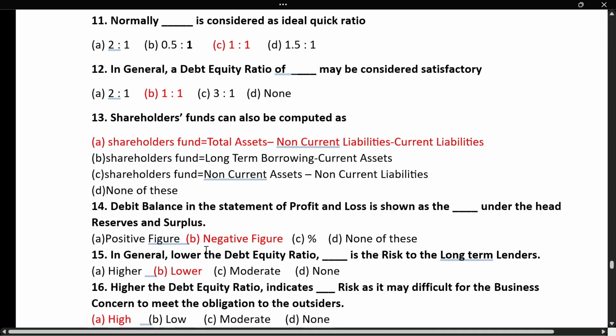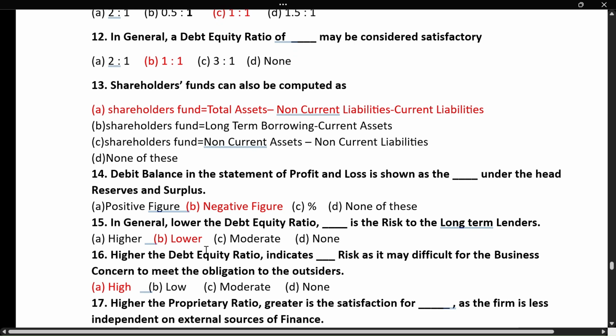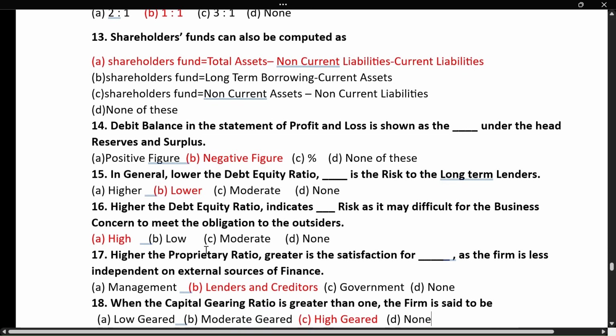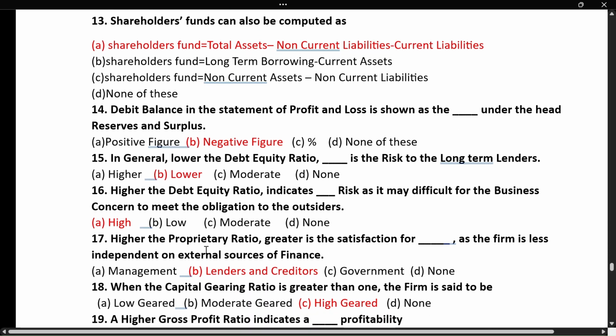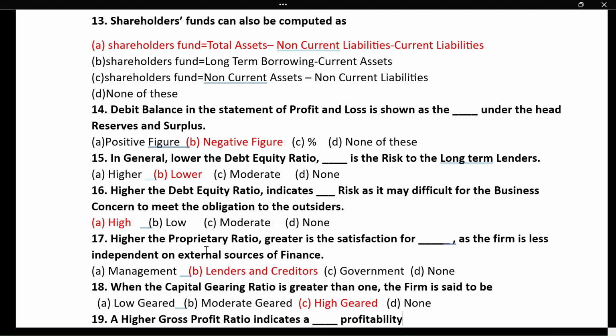Shareholders' fund can also be computed by following this formula. Shareholders' fund is equal to total assets minus non-current liabilities minus current liabilities. Debit balance in the statement of profit and loss is shown as a negative figure under the head reserves and surplus.